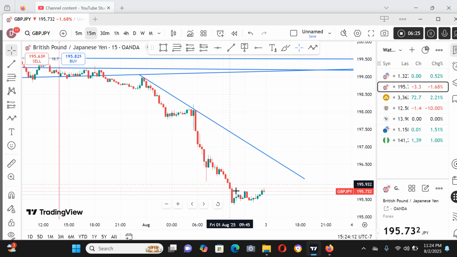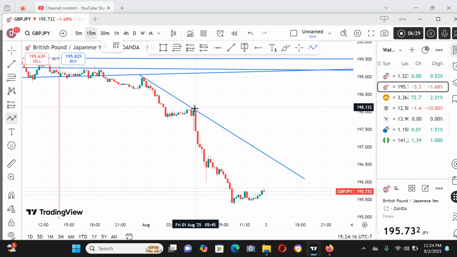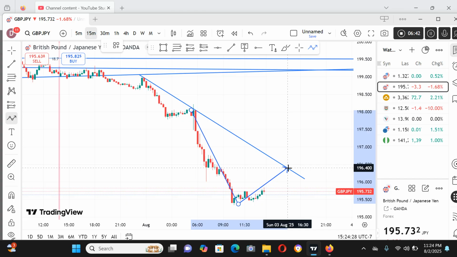So this one is our aggressive move. This one here is our aggressive move. This is our aggressive move, and this is a correctional move. Then we strategize.